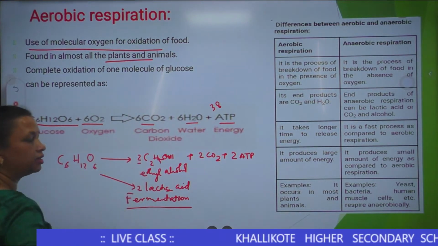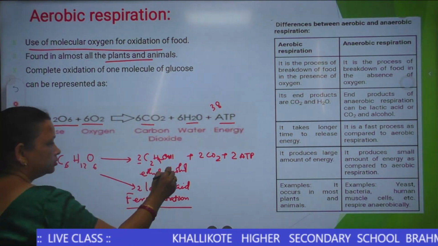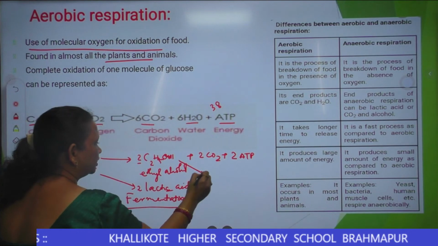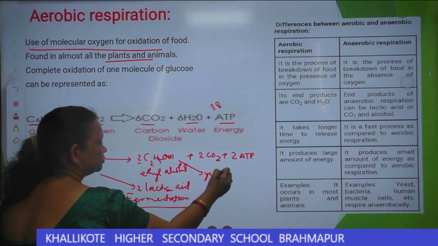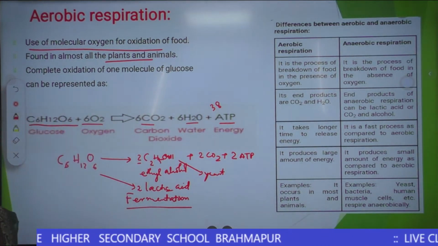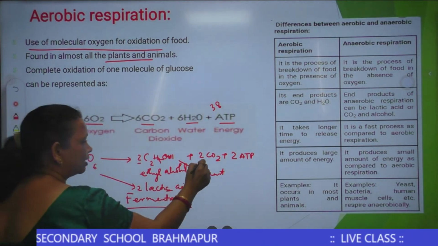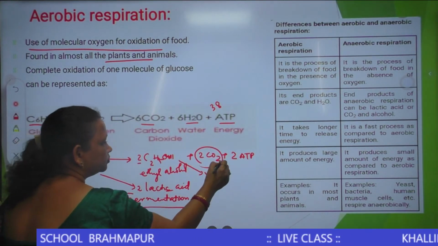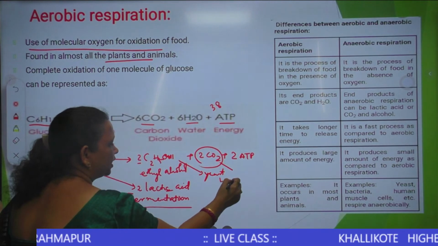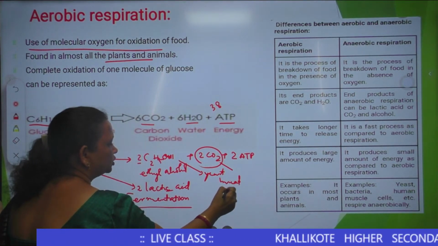In alcoholic fermentation, the yeast is used to derive the ethyl alcohol. The carbon dioxide released helps in making the bread spongy.